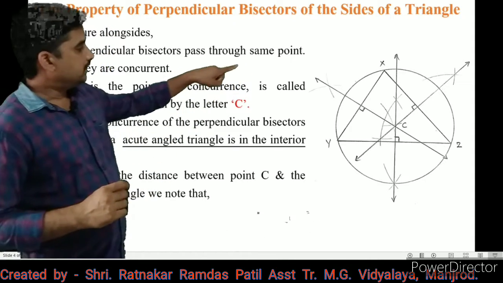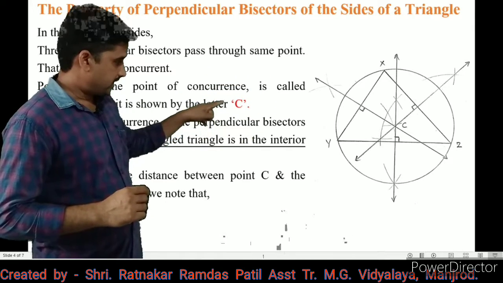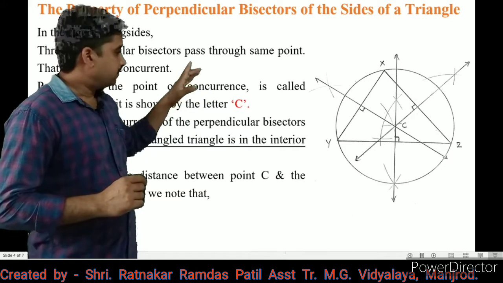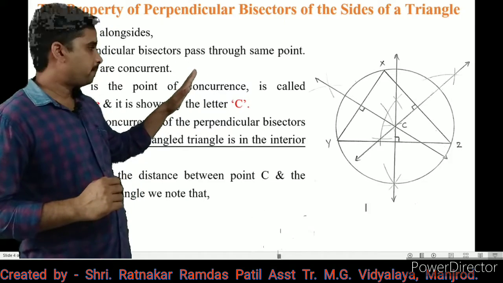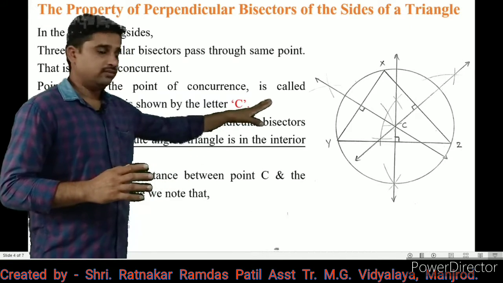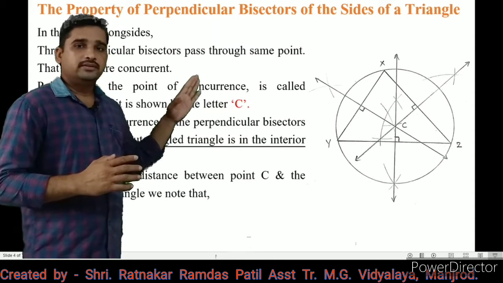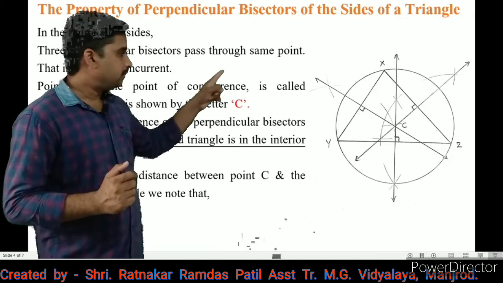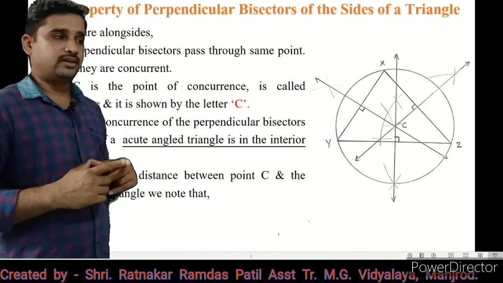If we draw these perpendicular bisectors, we can see what happens. All three perpendicular bisectors pass through the same point, and we give that point the name C. From that we can say these perpendicular bisectors of a triangle are concurrent.